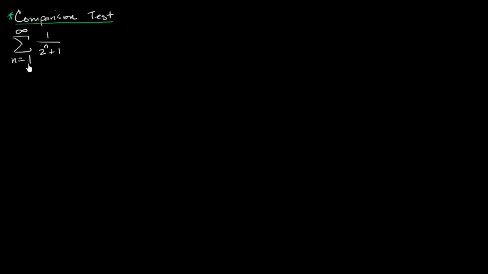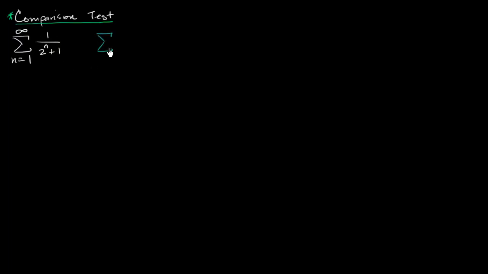We want to prove that the infinite series from n equals 1 to infinity of 1 over 2 to the n plus 1 converges. How can we do that? Well, each of these terms is greater than or equal to 0, and we can construct another series where each of the corresponding terms is greater than each of these corresponding terms.